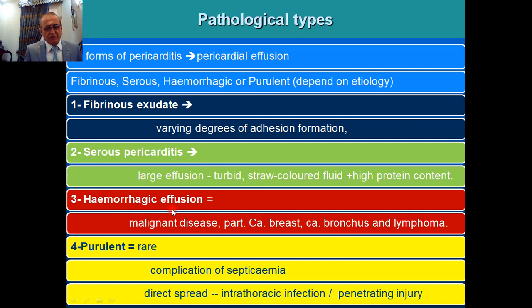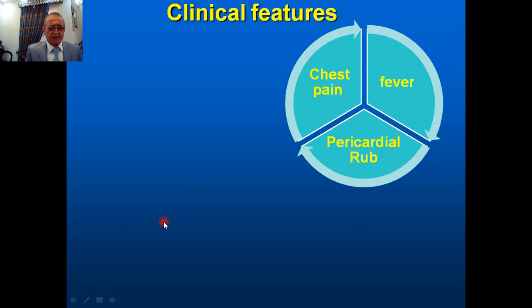The hemorrhagic obviously is due to malignant disease, sometimes tuberculosis, malignancy of breast, bronchus and lymphoma, and we have the rarest type, which is the purulent, where there is pus in the pericardium. This is usually a complication of septicemia due to direct spread from intrathoracic infection or a penetrating injury. These are the pathological types.